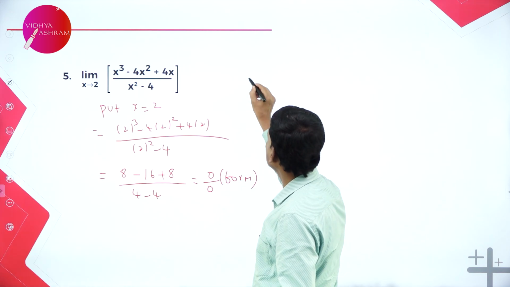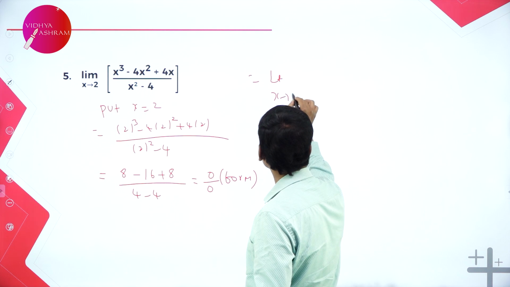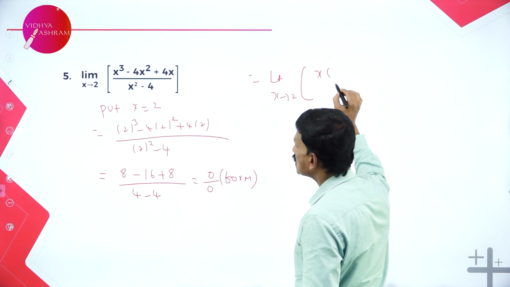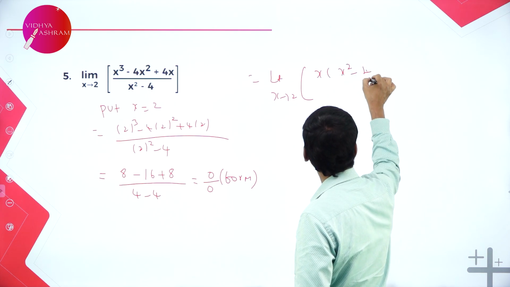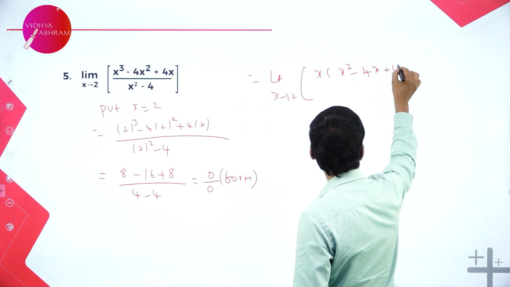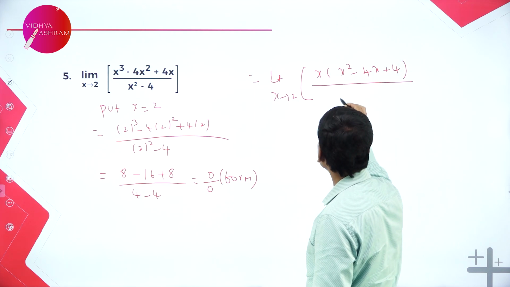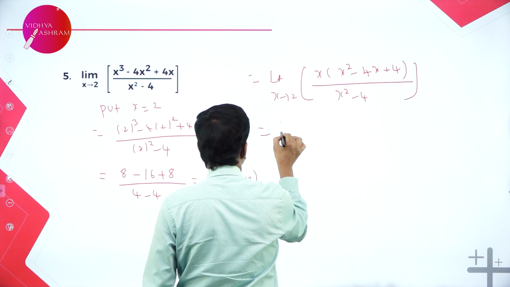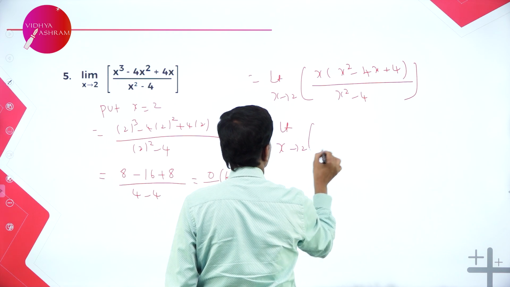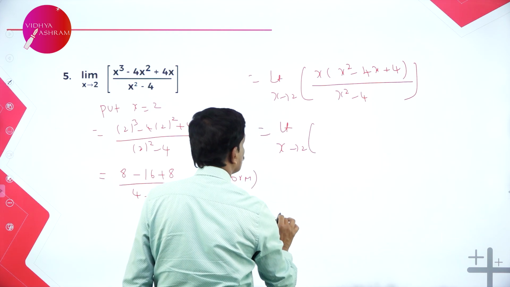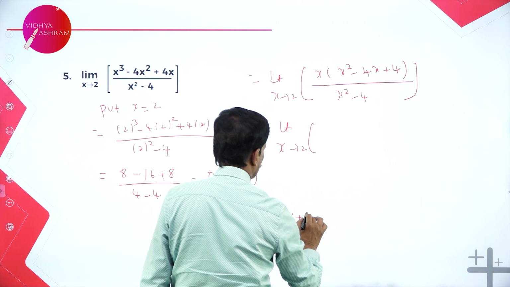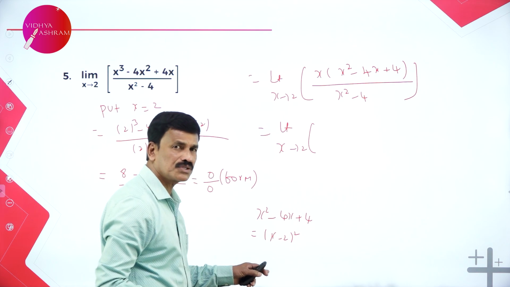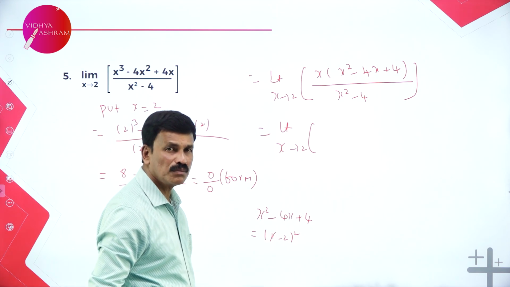So in the numerator, you can remove the common factor, take x common out. If x is taken out, then this is x square minus 4x plus 4, divided by, in the denominator, x square minus 4. So this can be written as limit x tends to 2 of, factorize the numerator. x square minus 4x plus 4 is nothing but x minus 2 whole square, a minus b whole square, a square plus b square minus 2ab, 2 twos are 4x.